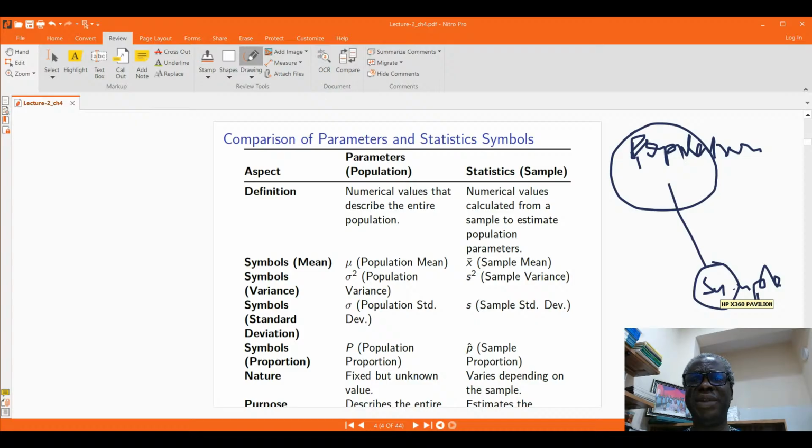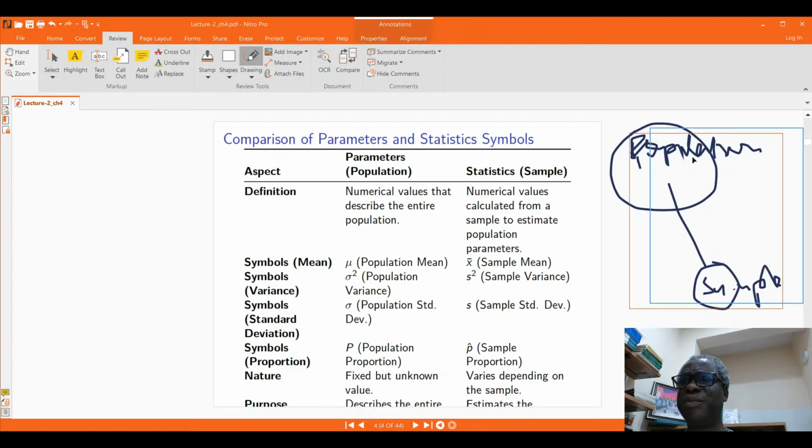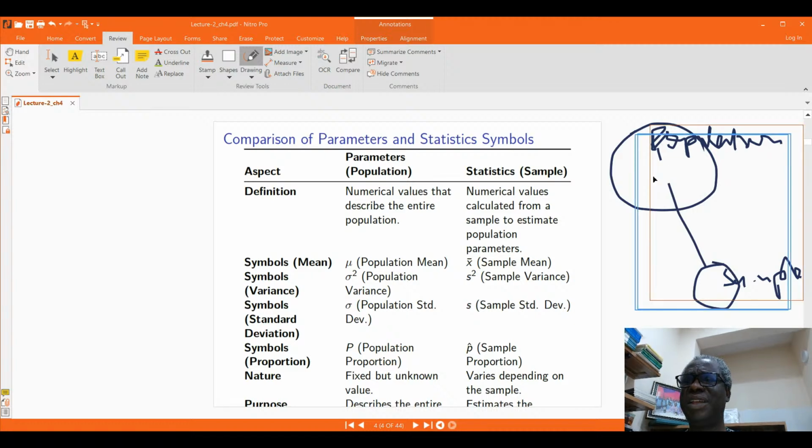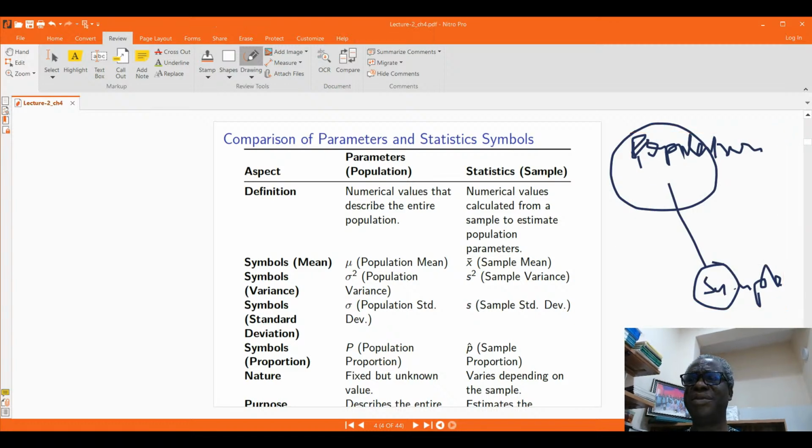Any numerical value computed from the population is what is called a parameter.